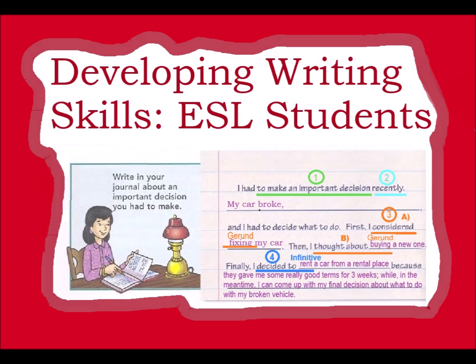Conclusion. What I'm showing you here is actually only 3 verbs which belong to certain groups of the grammar topic infinitives versus gerunds. 2 verbs are followed only by gerund. These are consider and think about, a verb plus preposition expression.